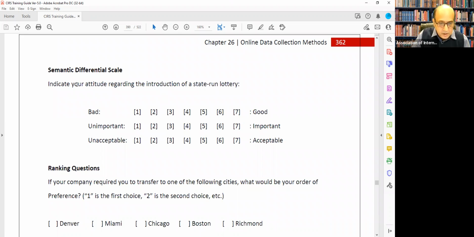Semantic differential: indicate your attitude towards the introduction of a state-run lottery. Now here we are running variables with a scale giving a range. This range is 1 through 7. It could have been 8, 9, or 10. So there is a rationale for everything you put in your questionnaire. Why would it be 7?